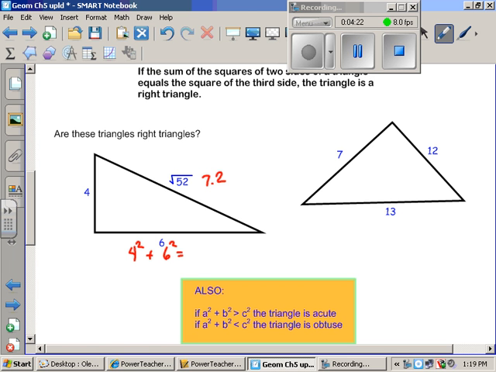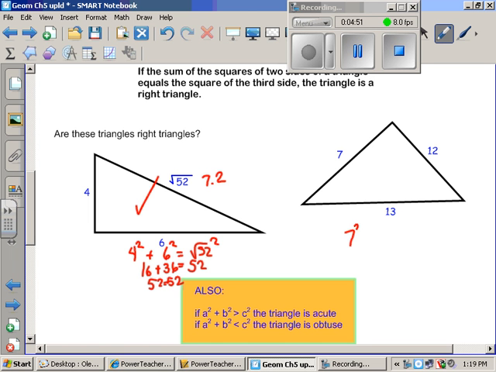So 4 squared plus 6 squared should equal the square root of 52 squared. 4 squared is 16. 6 squared is 36. And square root of 52 squared is just 52. So that's 52 equals 52. So this is a right triangle. Okay? This one, here is my longest side.